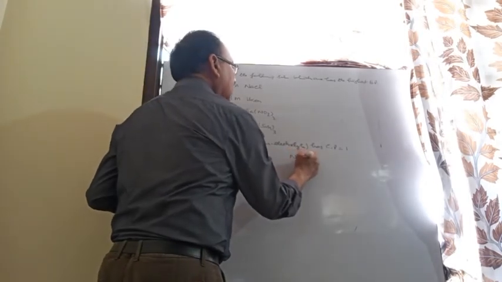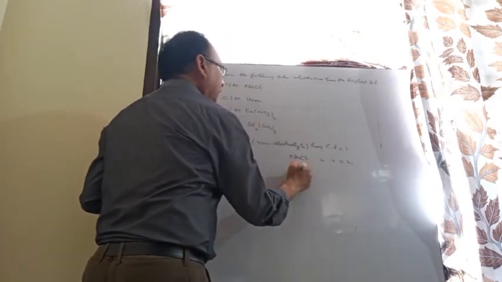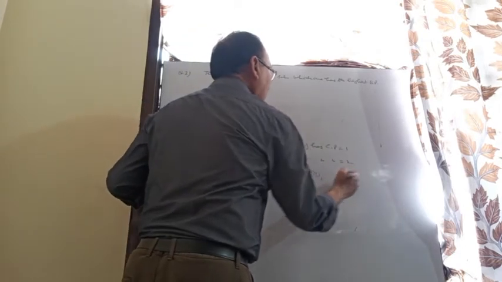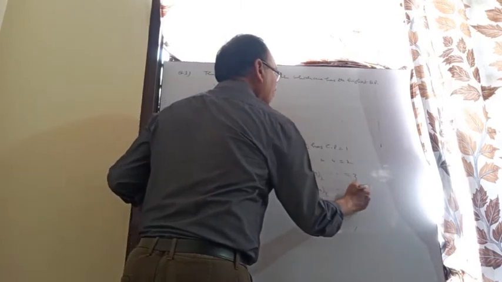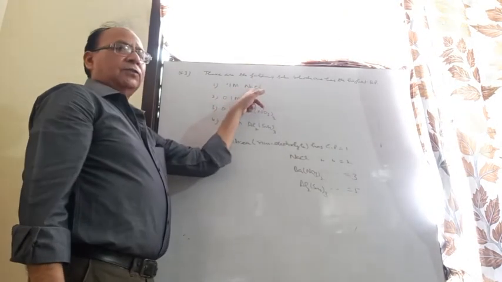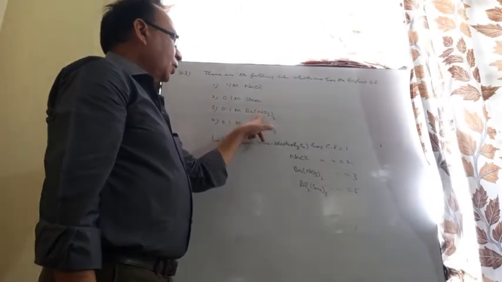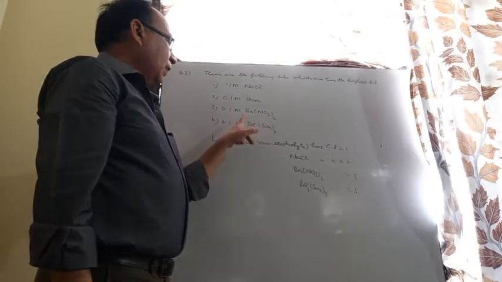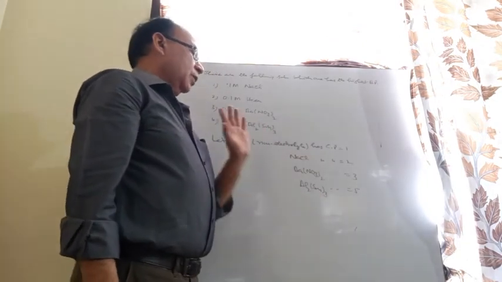NaCl will have colligative property 2. Barium nitrate will have colligative property 3. Aluminum sulfate will have colligative property 5. Could you follow or not? NaCl will dissociate into Na ion and Cl ion, so 2 moles. Barium nitrate will dissociate into 1 mole of barium ion and 2 moles of nitrate ion, so total 3. Aluminum sulfate will dissociate into 2 moles of aluminum ion and 3 moles of sulfate ion, so total 5. So they have different colligative properties.